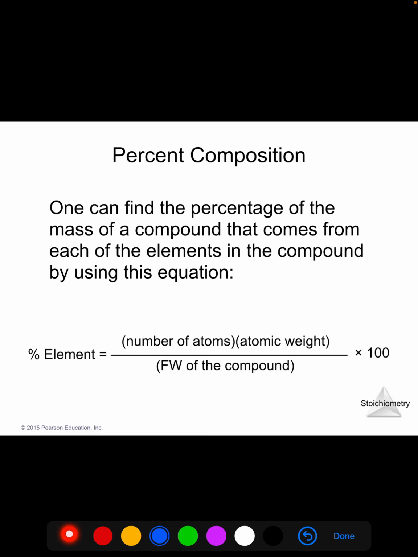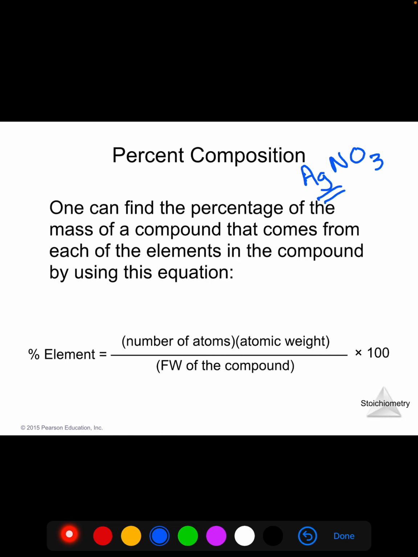Let's do percent composition. One of the things we like to do is determine the composition of a compound. It used to be much more important. It seems we know the composition of everything, but we want to teach you how to do the quick calculation of something. And this has real value. For example, I have a big jar of silver nitrate, and people want to know how much silver is really in there.